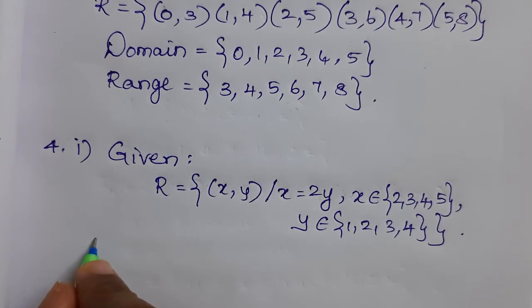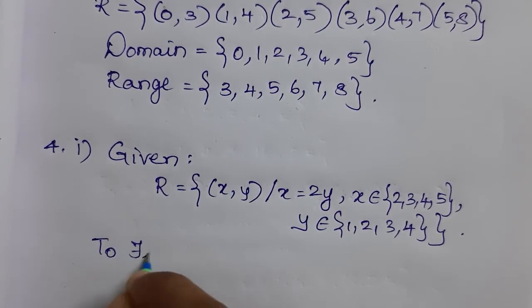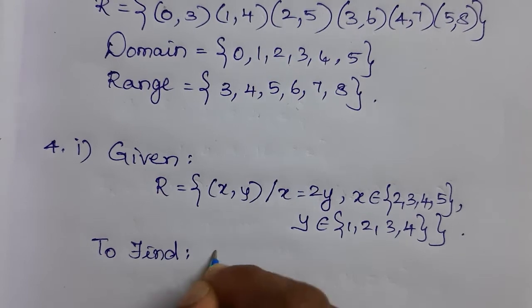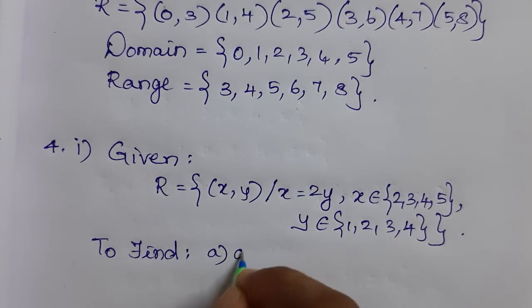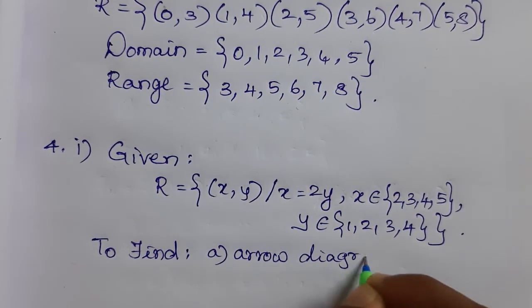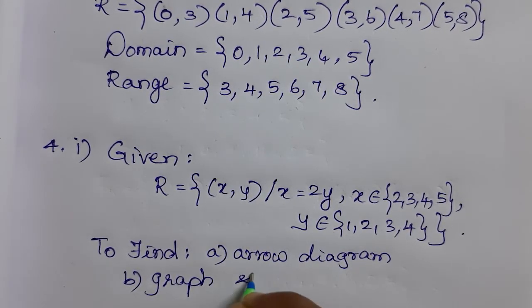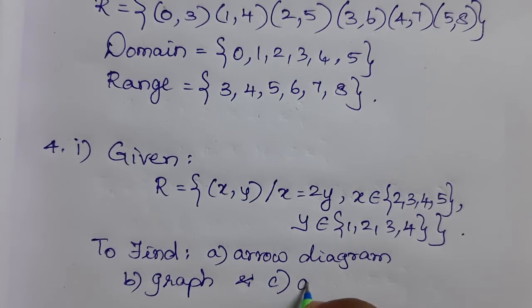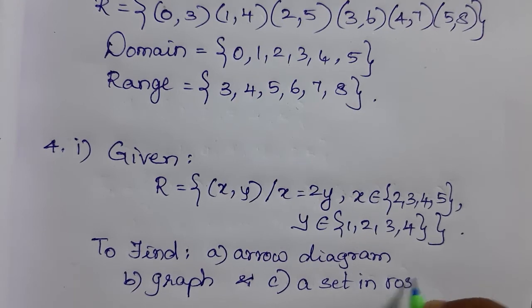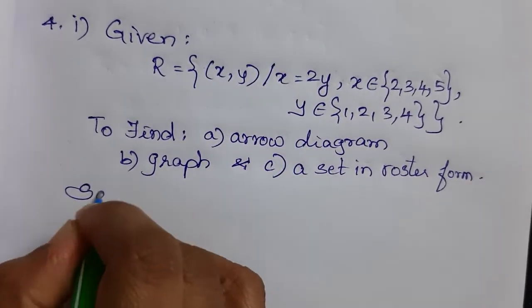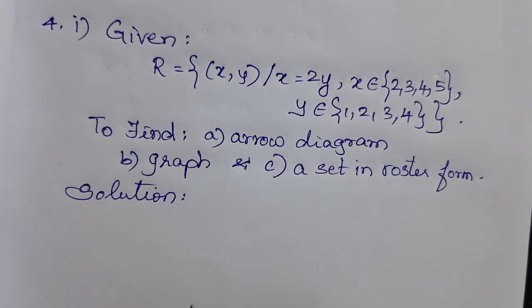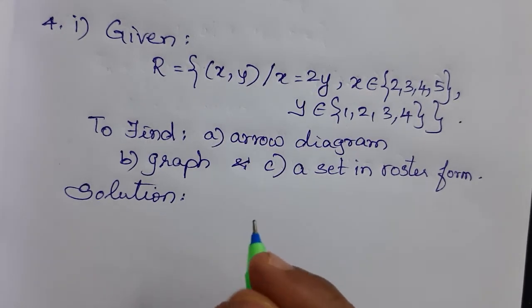This we are supposed to represent as A, an arrow diagram, B, a graph, and C, a set in roster form. So let's see how to find all these.